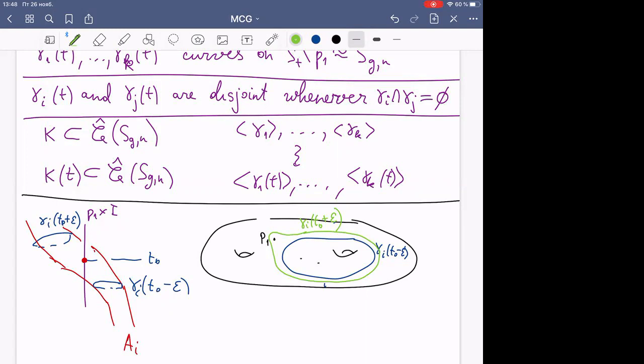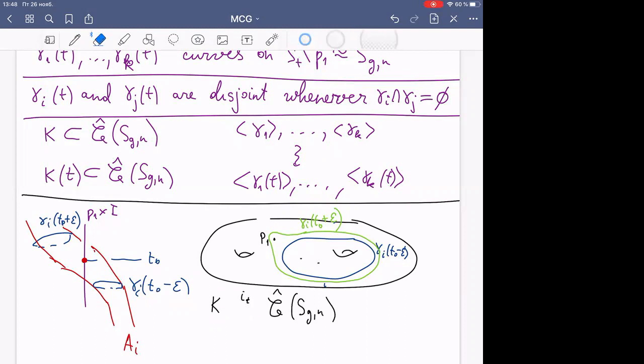And so the main claim is that each of these K_t can be thought of as an embedding of K into the C hat of S_{g,n}.